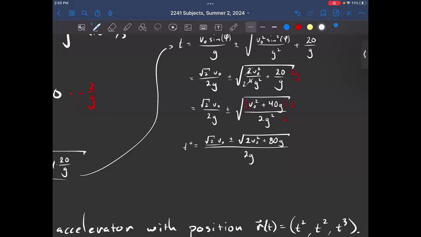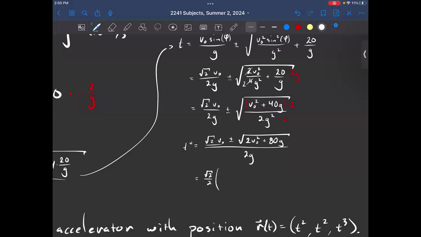And I guess if you want, you can factor out a root 2 from this thing, but I'm not too concerned about that. All right, so at this point, you might want to plug things into a calculator because the numbers are not going to be particularly nice. But I can write it out. And actually, let's go ahead and factor out that root 2 over 2.